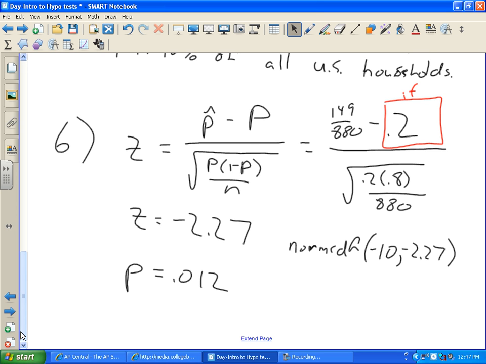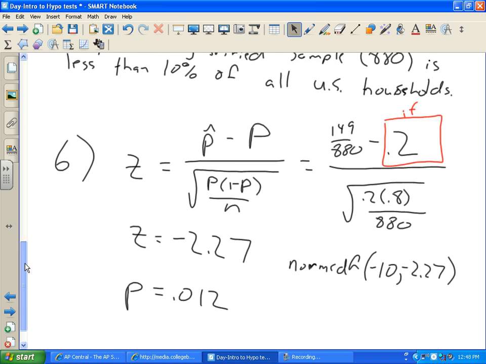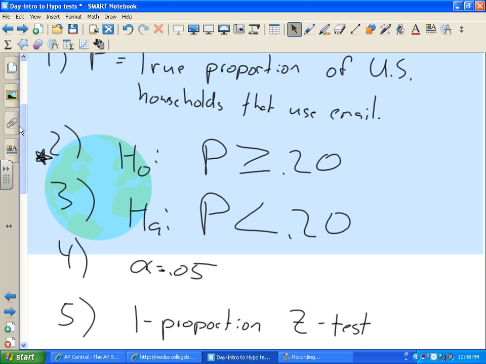You've told me it's so rare that I get that sample that it will only happen 1.2% of the time. Does that thought connection make sense? Because if that thought connection makes sense, here's the closure. Since it's so rare that 1.2% of the time I'm going to reach in there and get that sample, then I have strong evidence to say what you assume to be true is wrong and that the opposite must be correct.